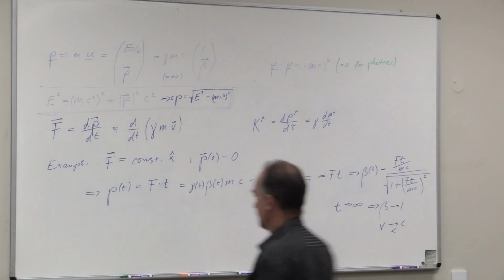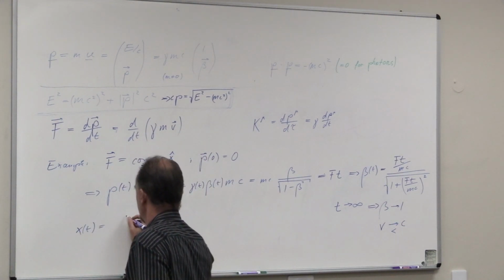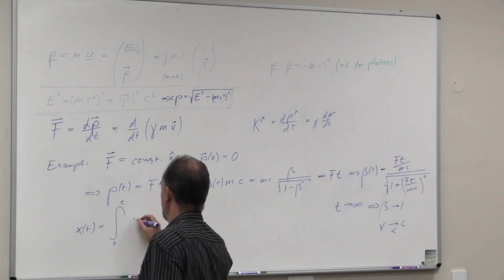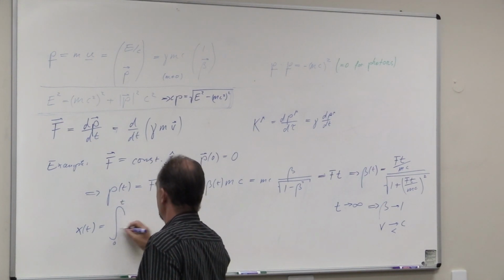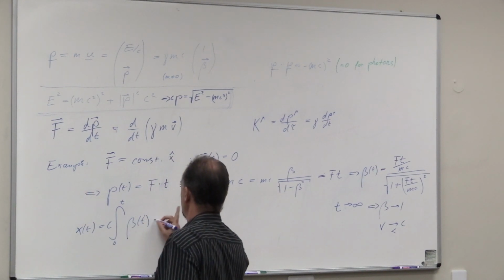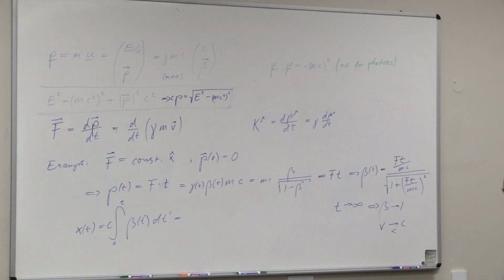If interested, we can of course calculate what x of t is. You integrate from 0 to t of c times beta of t prime, and that is relatively easy.